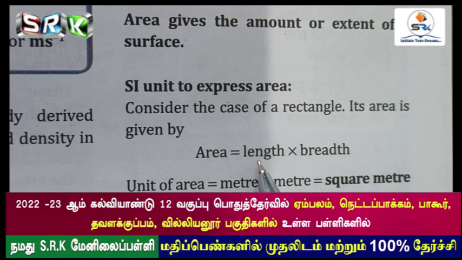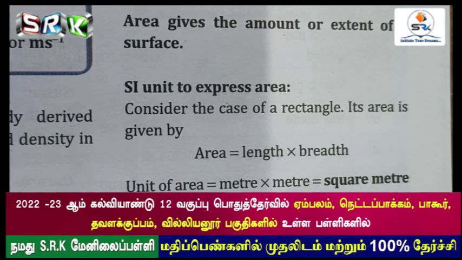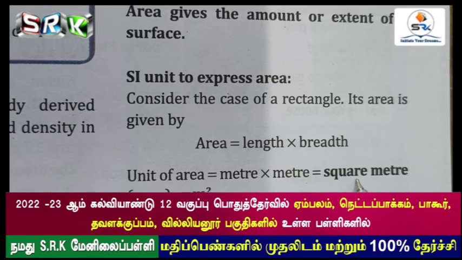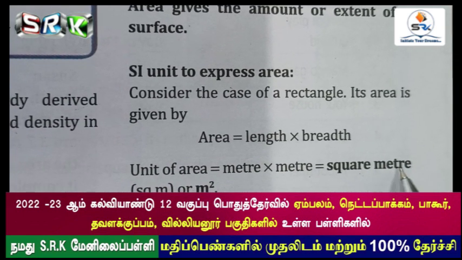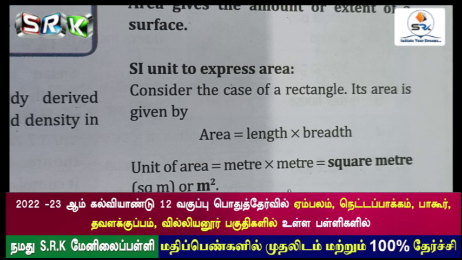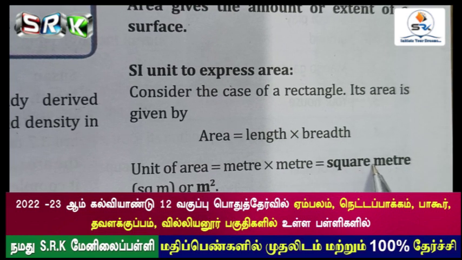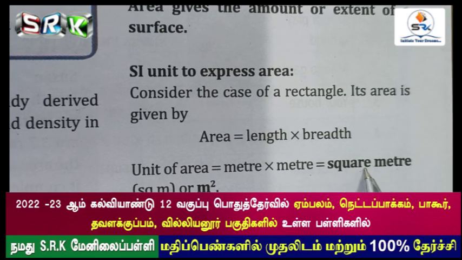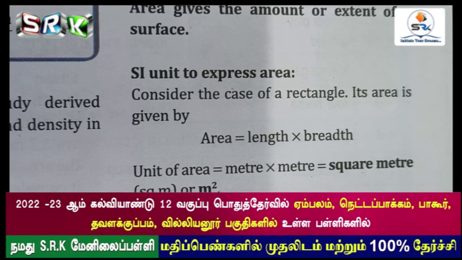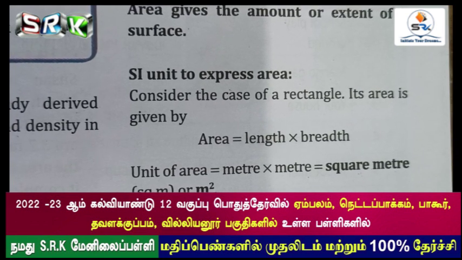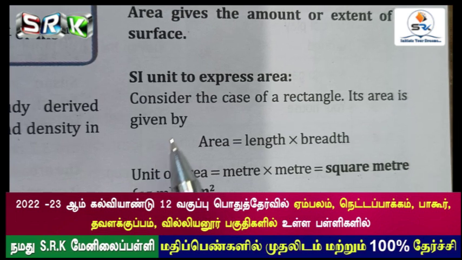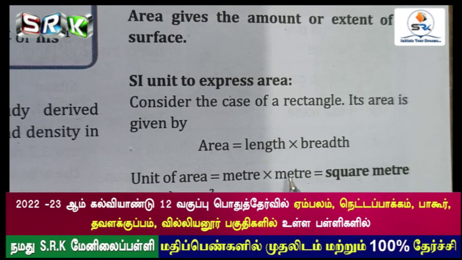So the unit of area will be meter into meter. What answer will you get? Square meter or meter square, which you can represent as sq m or m squared. This is the SI unit to express area.